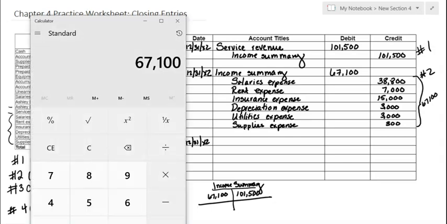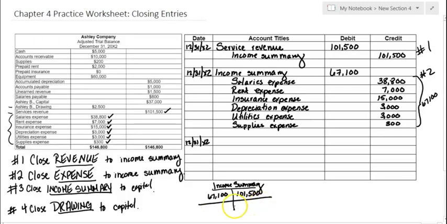Let's get our calculator back. That's 101,500 minus 67,100. So that means we have a 34,400 credit balance, right? Whichever side is bigger. I already forgot the number. 34,400. So this is the balance in the account. We need to close out that balance.